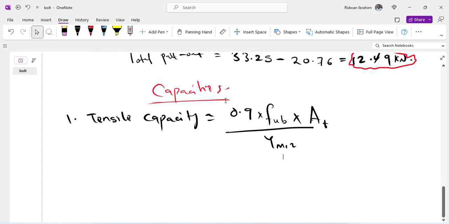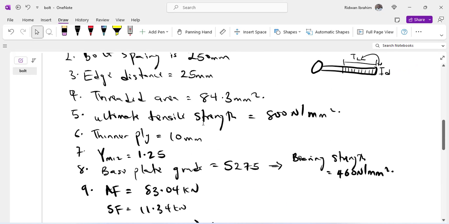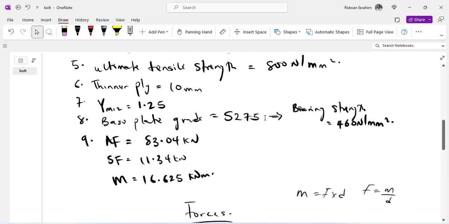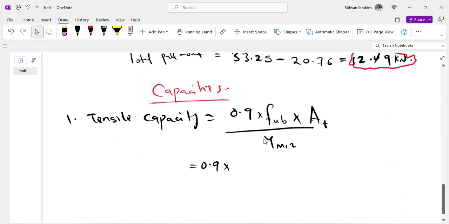Alright, so this is 0.9 multiplied by FUB, that is your ultimate tensile strength. The ultimate tensile strength is 800. So you multiply this by 800 multiplied by your threaded area.